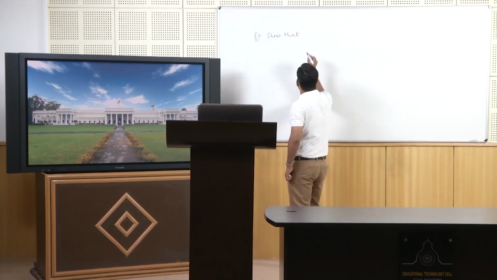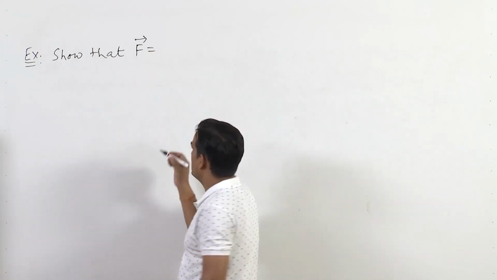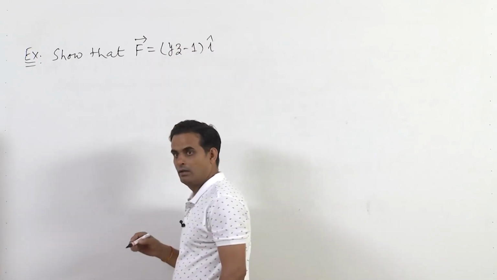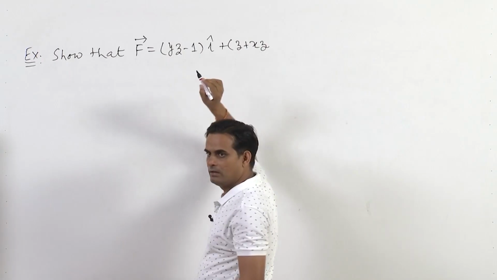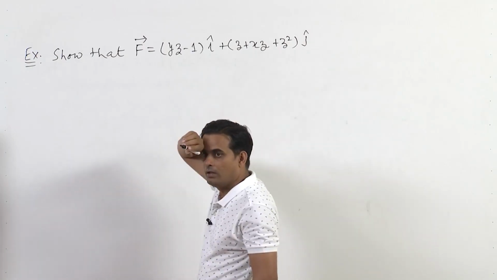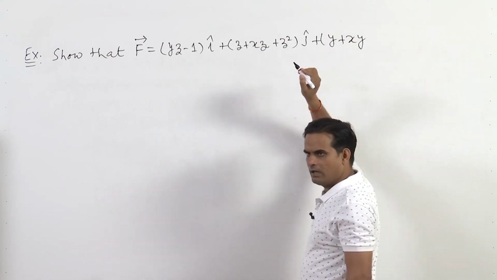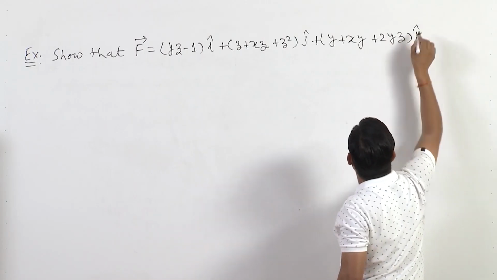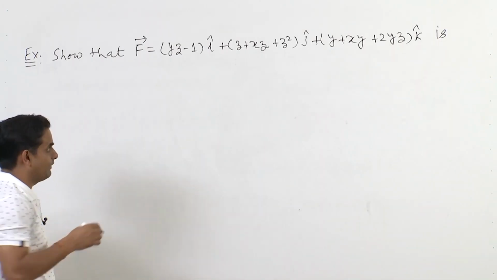Show that the force vector F, which is given as (yz minus 1) i plus (z plus xz plus z square) j plus (y plus xy plus 2yz) k, is conservative.